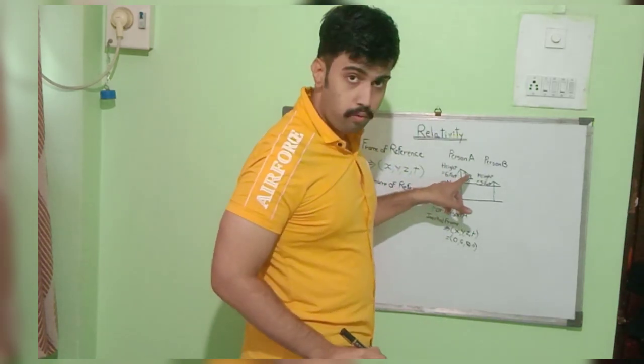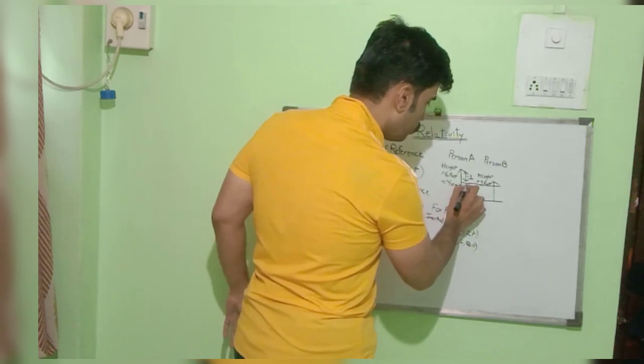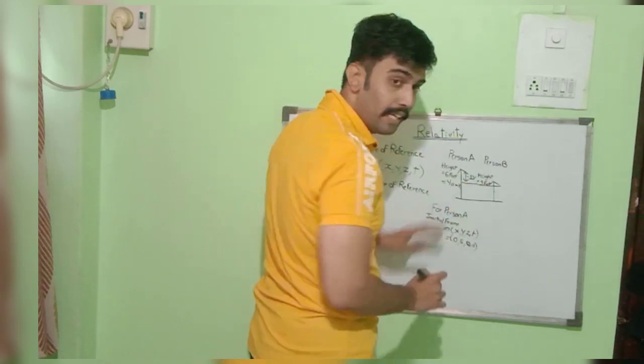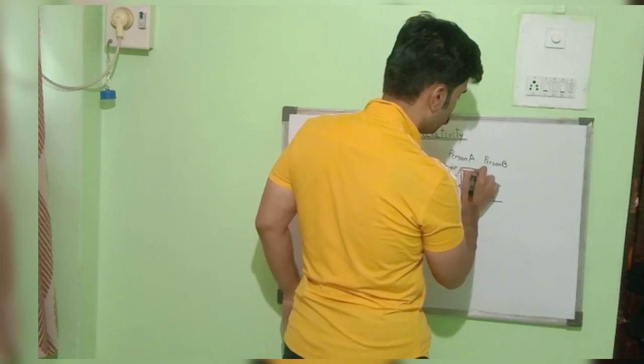So for that 6 feet person, the 5 feet person is at minus 1 y.